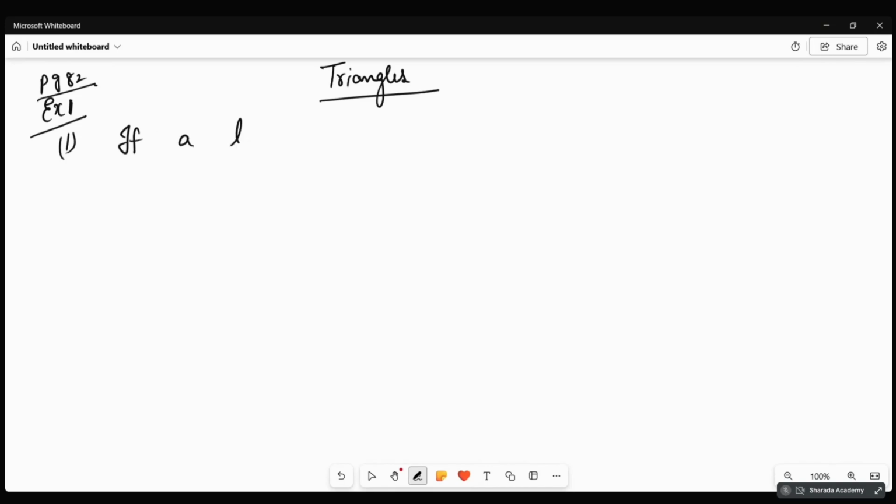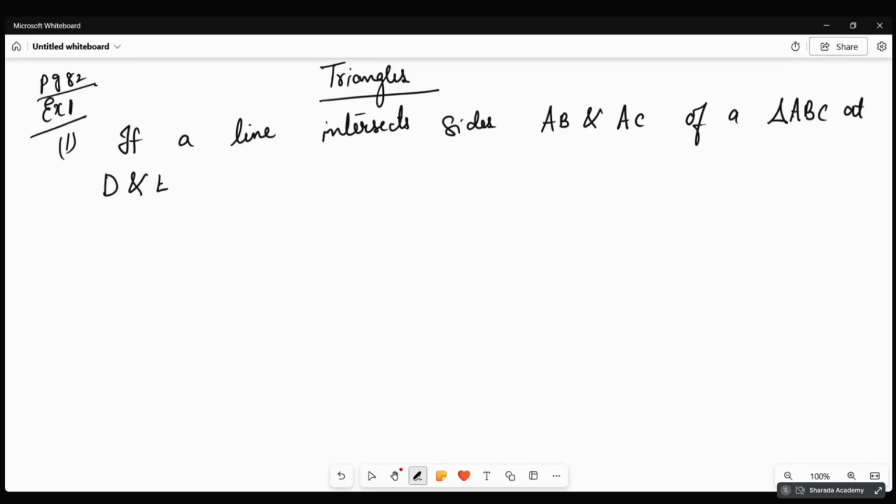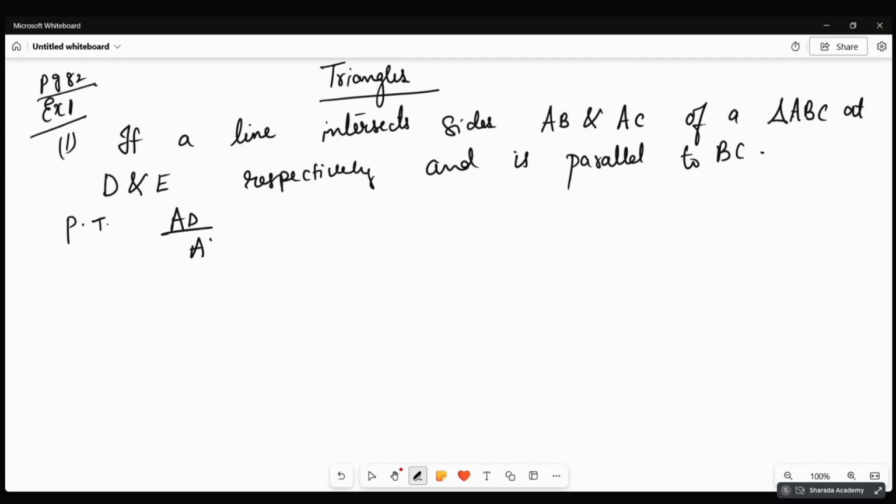If a line intersects sides AB and AC of a triangle ABC at D and E respectively, and is parallel to BC, prove that AD by AB is equal to AE by AC.